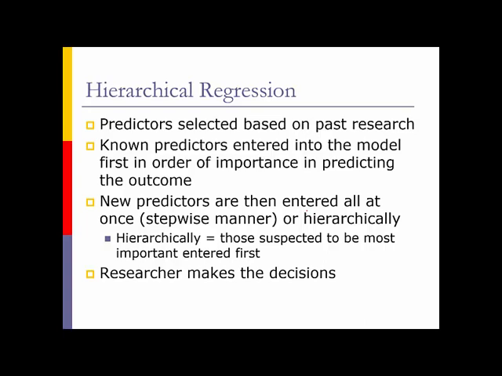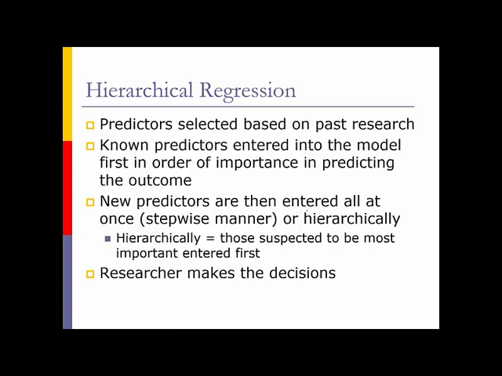Because of the first order of importance, we have the variables that are predicting the outcome known from past research. We're going to actually force all of those predictors into the model first. And then the new predictors could be entered stepwise, or you could force them in, or you could create multiple blocks.